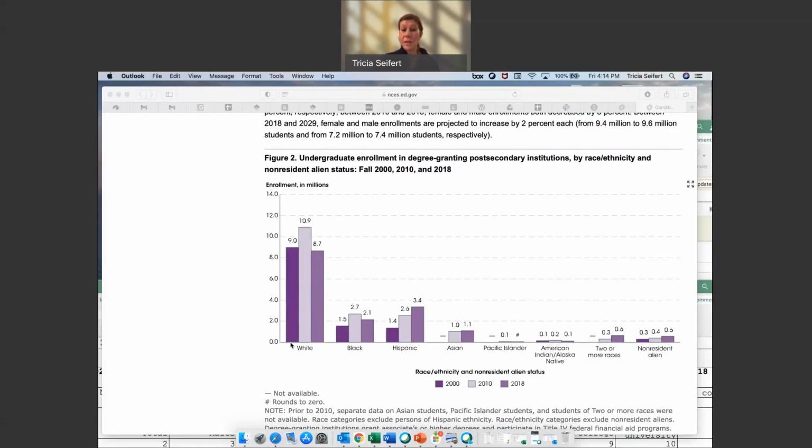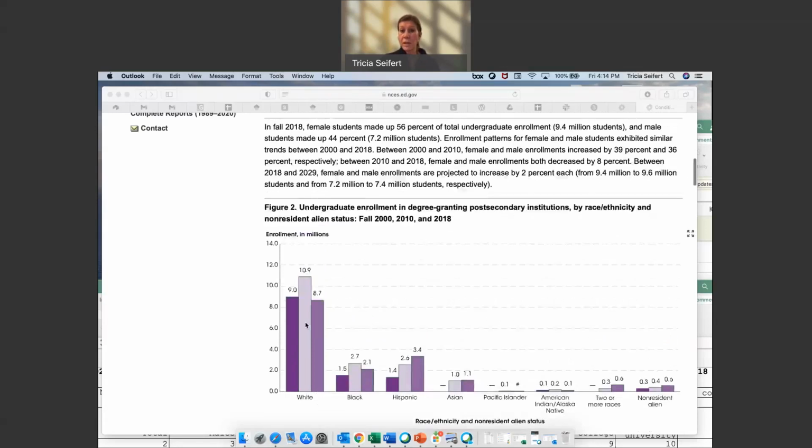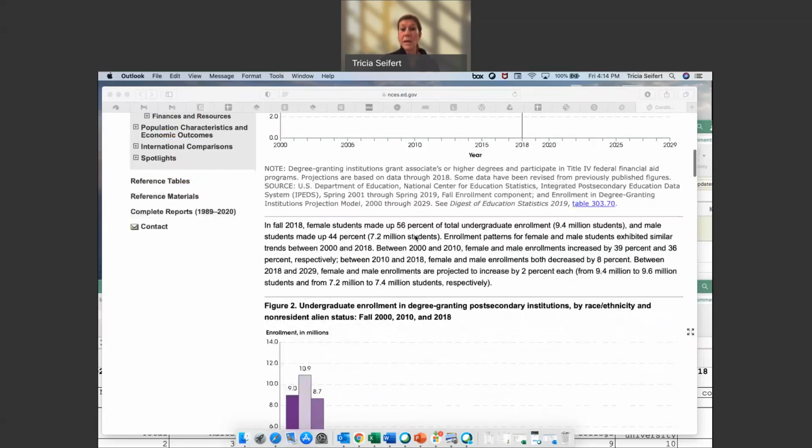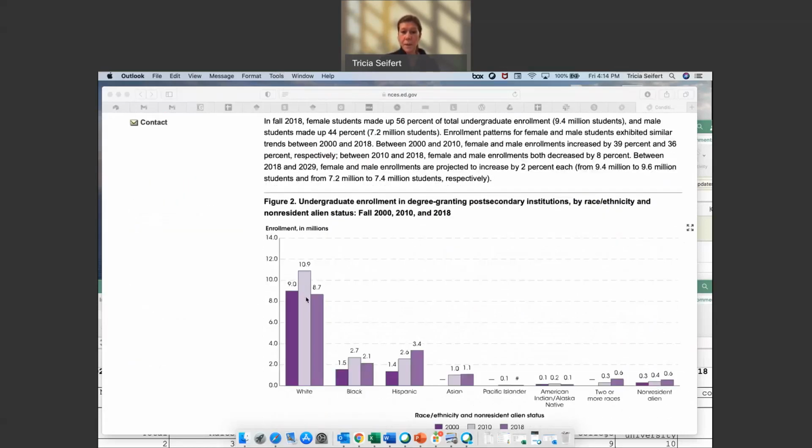It increased in 2010, as we saw that fairly substantial bump across all students or many students, but then declined in 2018 among white high school graduates.